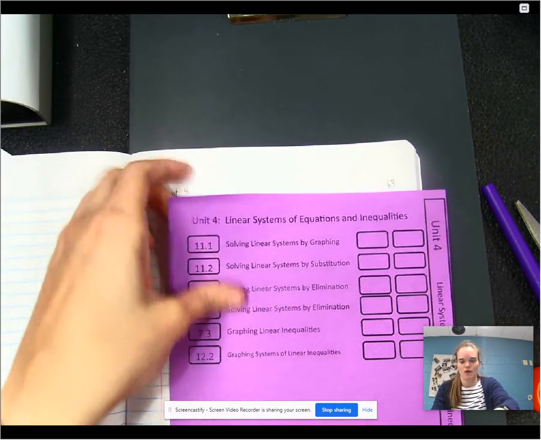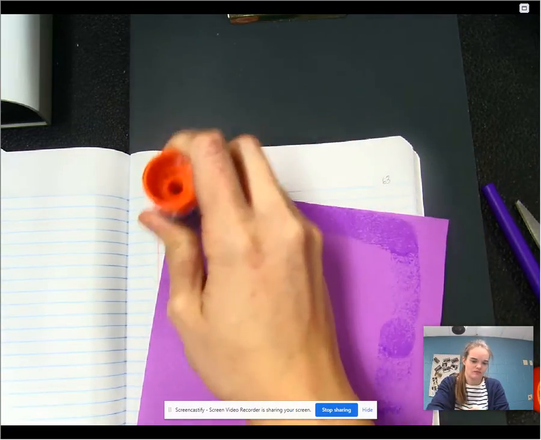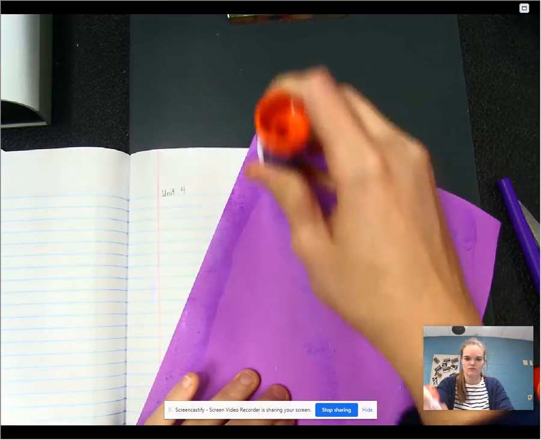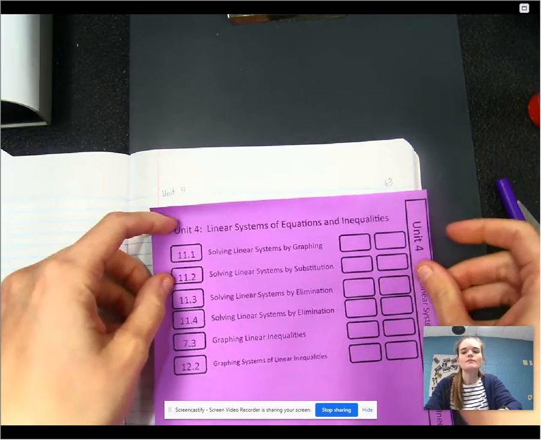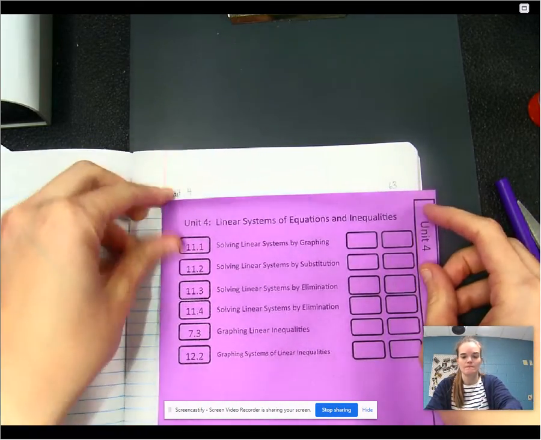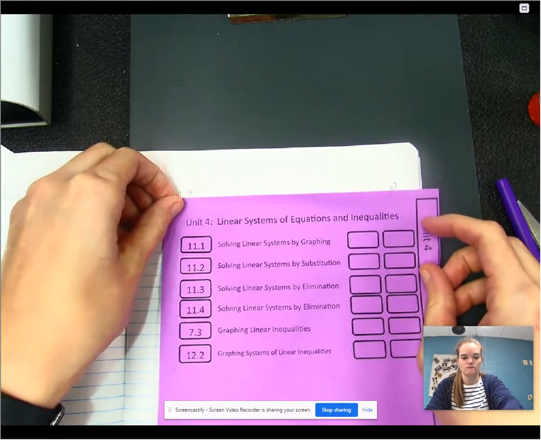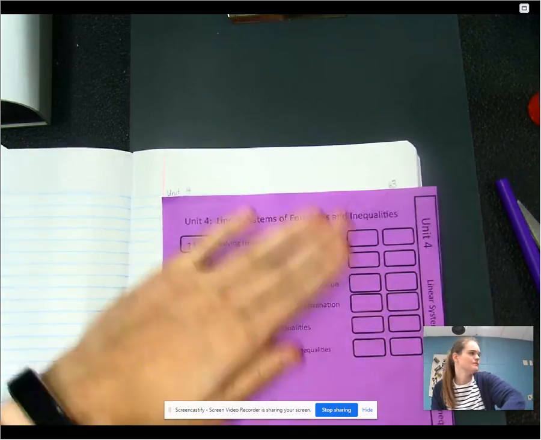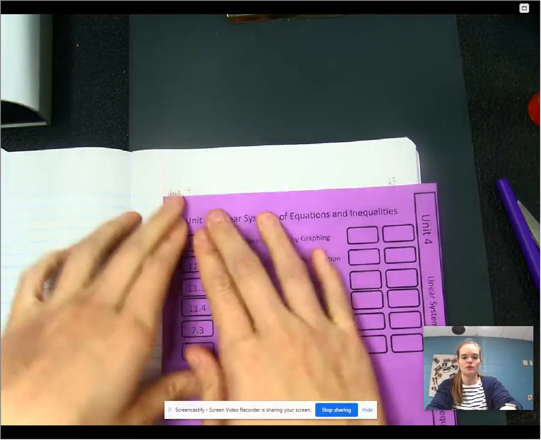There we go. Okay, so there's our Unit 4 tab.